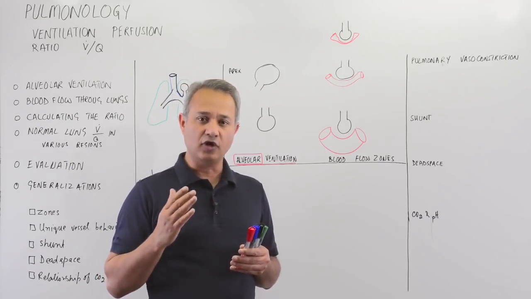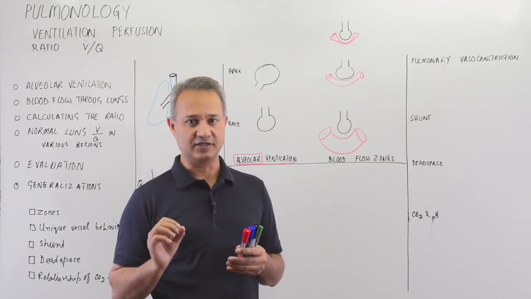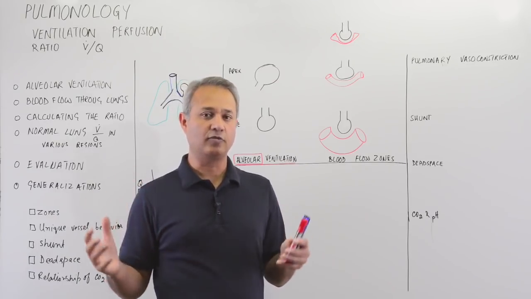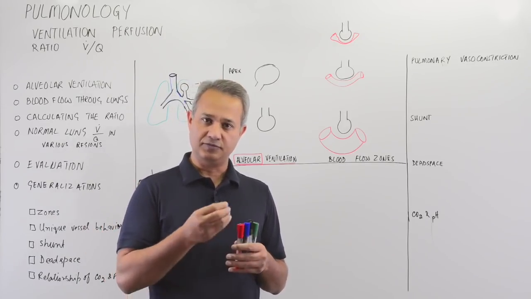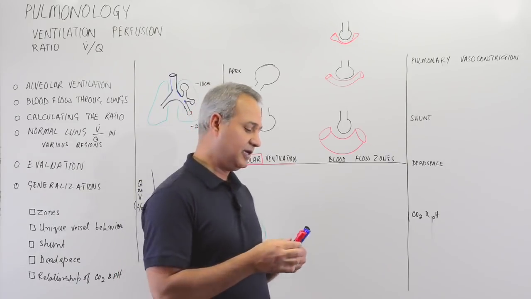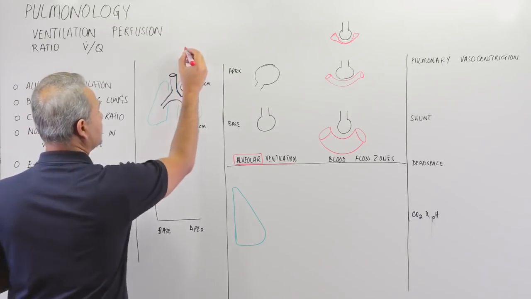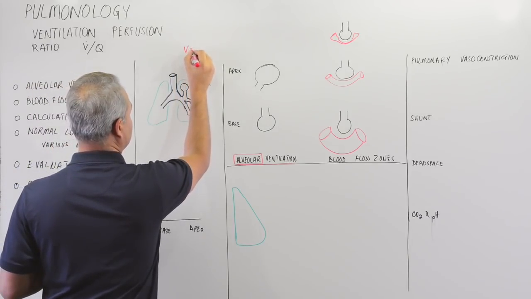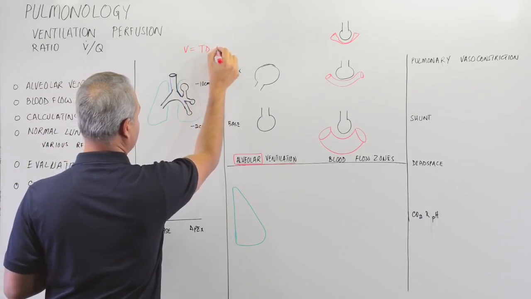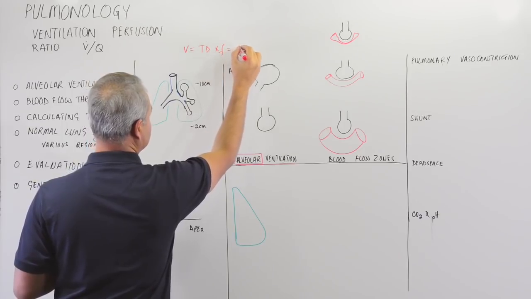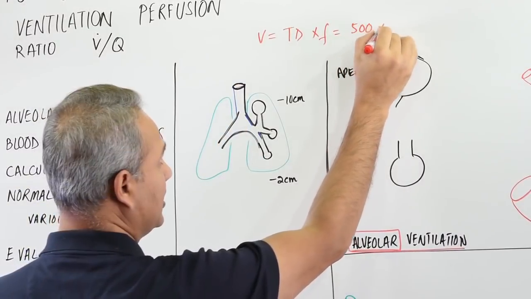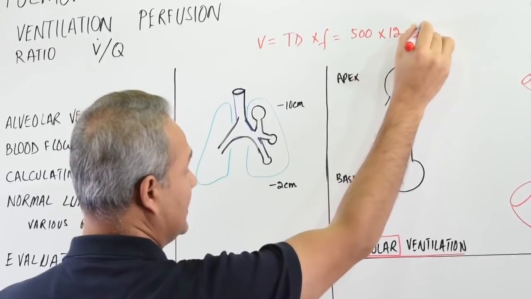So if our tidal volume is 500 milliliters and the breathing rate of a normal person is 12 breaths per minute, then the ventilation equals tidal volume multiplied by the frequency, 500 multiplied by 12, which is 6 liters.